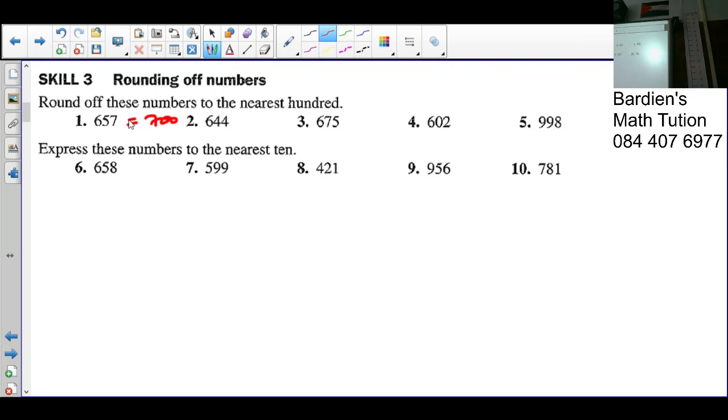So the 100 is dependent on that 5, not the tens. And since that number is 5 or more, it's going to change that 6 to a 7. You all agree with that?